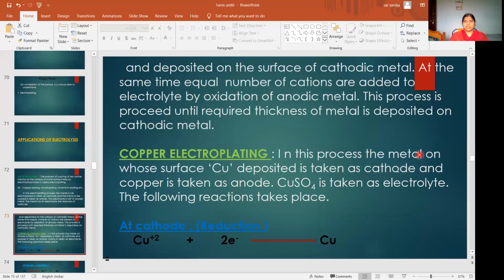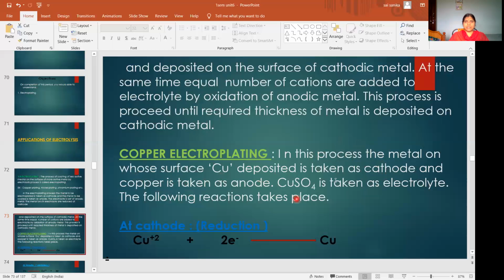For example, to coat copper on zinc, zinc becomes the cathode and copper becomes the anode. If on iron you want to coat copper, that iron will become the cathode. And what are we coating? Copper. So copper will become the anode.